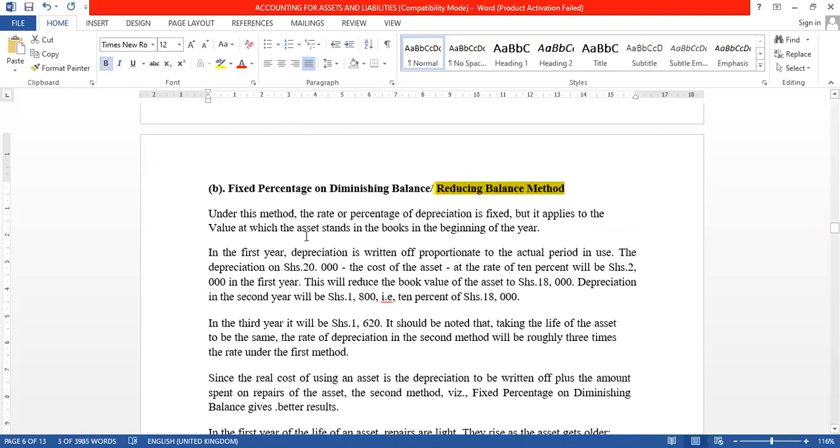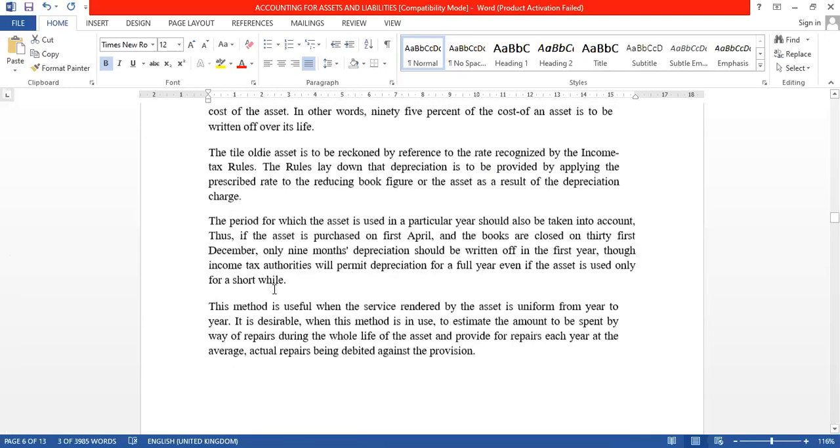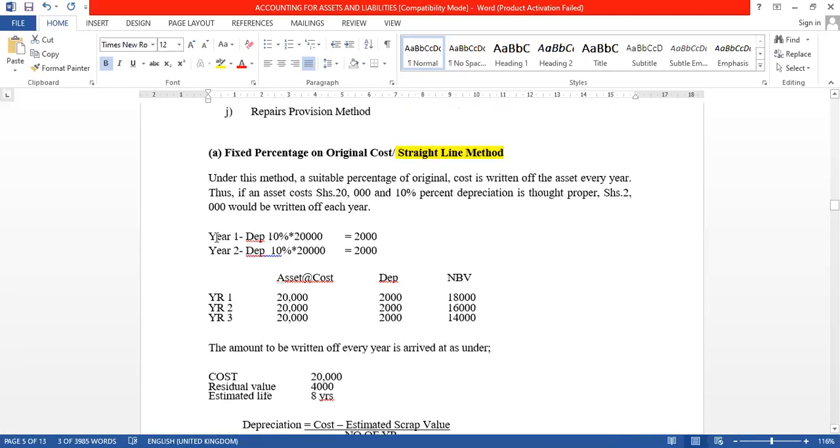Under this method, the rate or the percentage of depreciation is fixed, right? But it only applies to the value at which the asset stands at the beginning of every year.